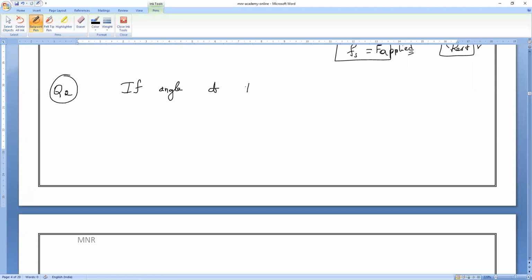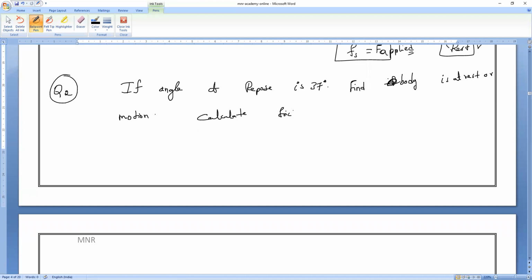If angle of repose is 37 degrees, find if the body is at rest or in motion.